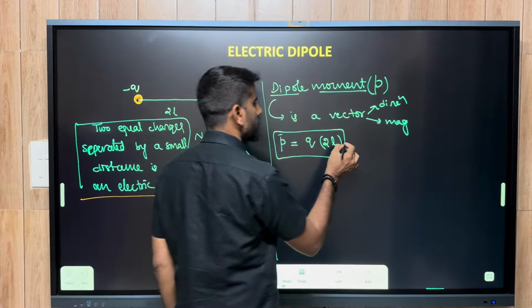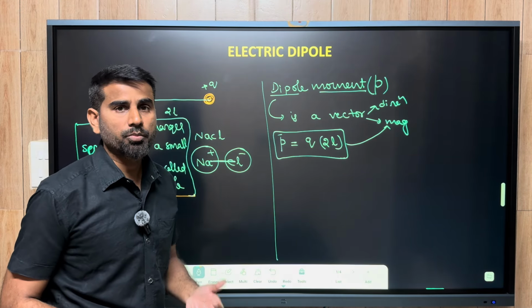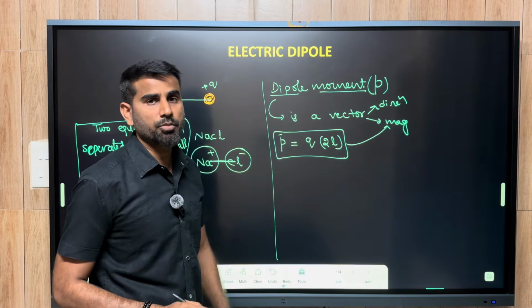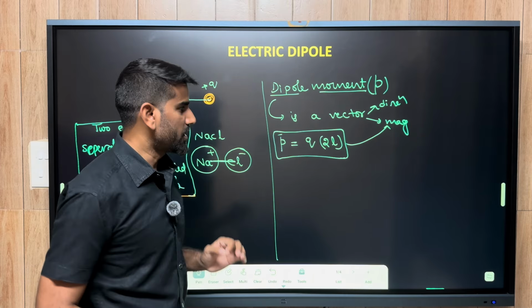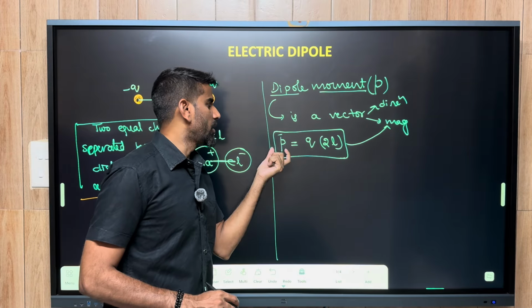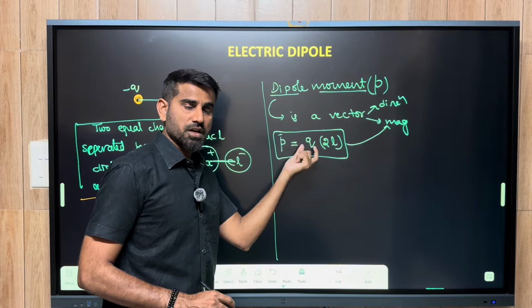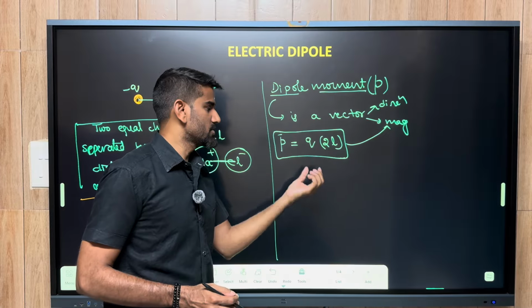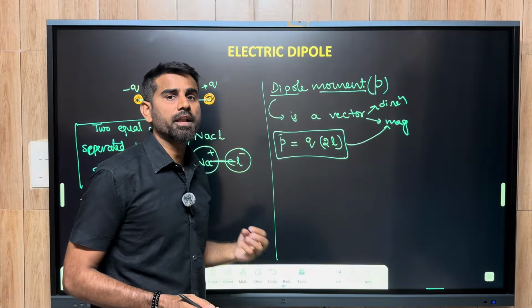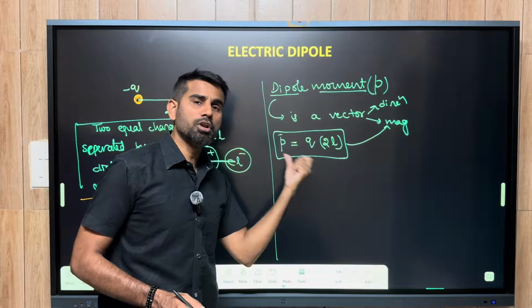This gives the magnitude of the dipole moment of an electric dipole. Clear? Let me define this once more. Electric dipole moment is defined as the product of one of the charges in an electric dipole and the separation between the two charges of the dipole. This formula gives the magnitude of electric dipole moment.